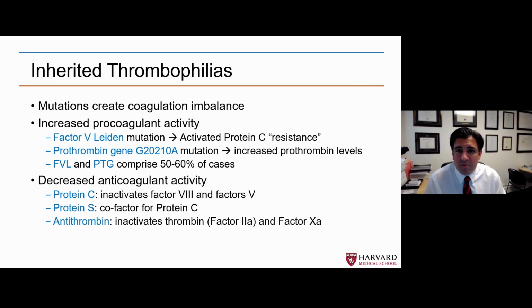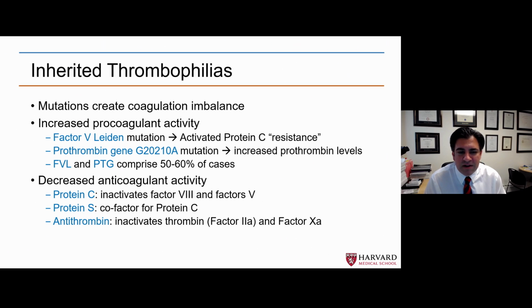The protein works perfectly fine and has no problem in all the regulatory mechanisms, but as a population, patients with this mutation run slightly higher factor II levels and are therefore thought to have a slightly higher risk. And when you look at these, about 50 to 60% of all of the inherited thrombophilia related thrombosis are factor V Leiden and prothrombin gene mutation.